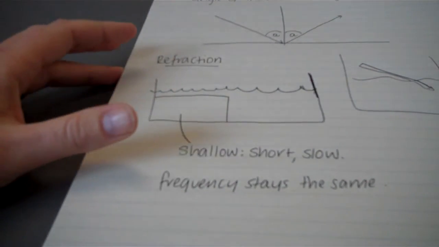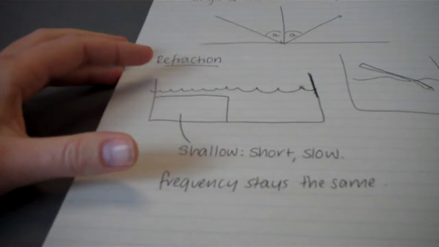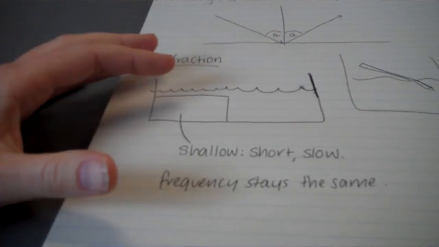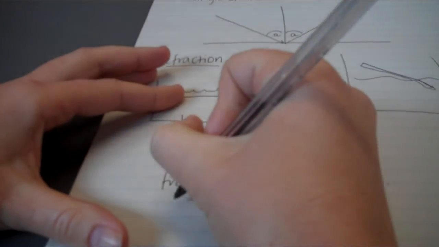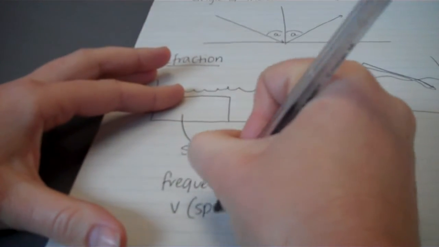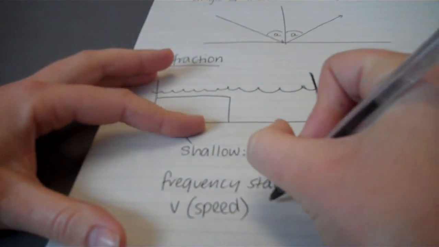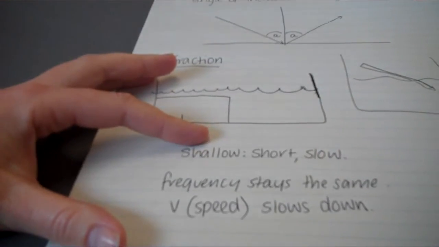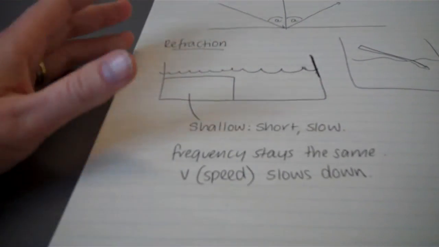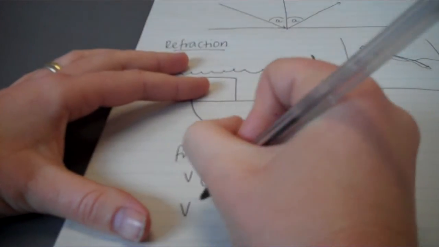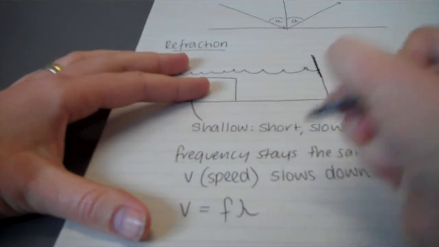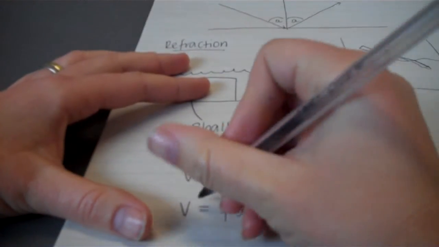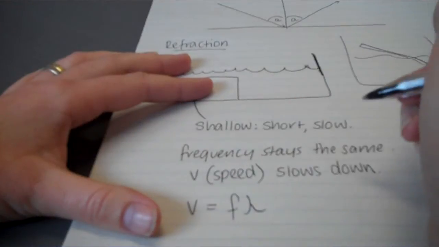However, the speed actually slows down. So V actually becomes less. It gets a little bit slower. V, or speed, velocity, whatever you'd like to call it, slows down. Now, knowing the formula that we're going to use, V equals F lambda, if the frequency stays the same but V gets slower, what do you think happens to the wavelength?